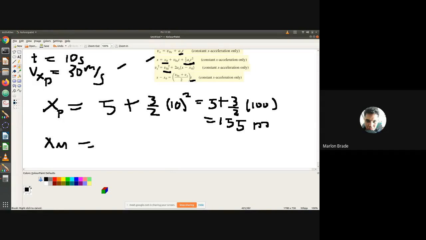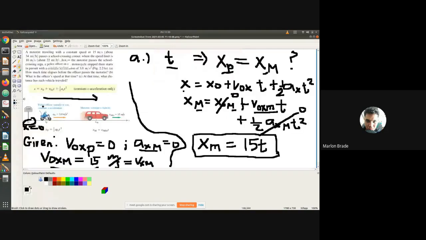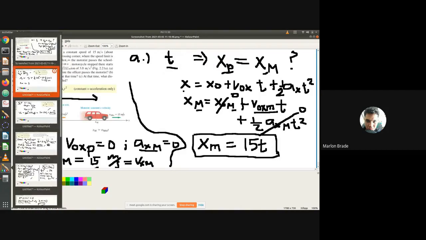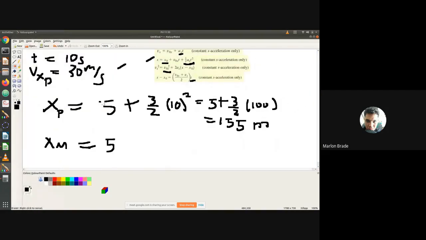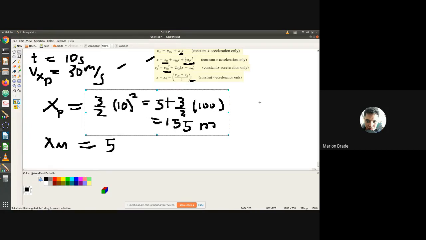The same goes if you use the motorist. You will get the same answer, obviously. If you use the motorist, the x naught of the motorist is 5 also. Wait, is it 5? I'm wrong, I made a mistake. I jumped ahead. It's not 5, that was the 5 from the previous problem. Sorry. The initial position is not 5 but 0.